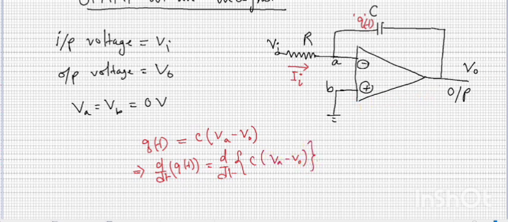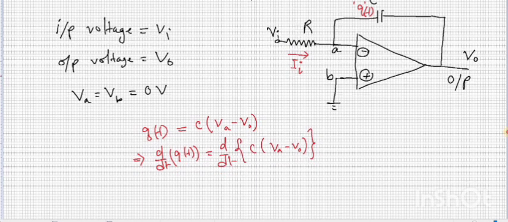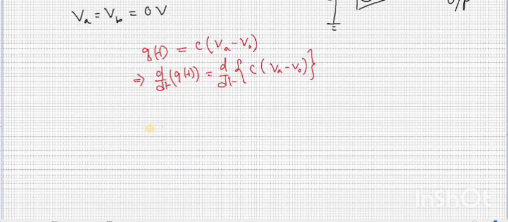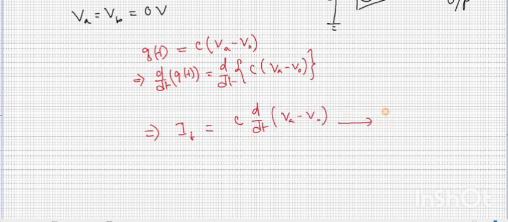As the capacitance of the capacitor is constant, the current I, the feedback current basically, we can write as C d by dt of (Va minus V naught). We are calling this equation number 1.